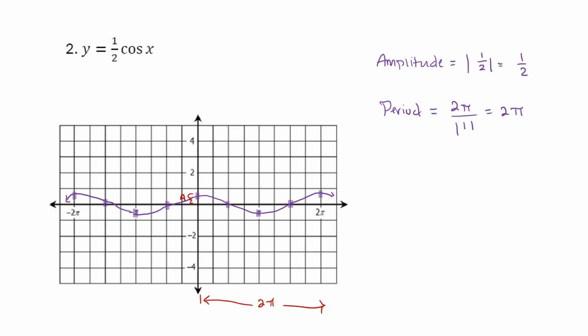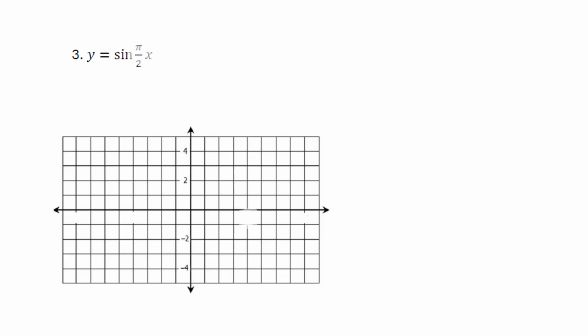All right. Okay, next we have y equals sine pi over 2x. So our amplitude here is going to be 1. The period is going to be 2 pi divided by the absolute value of b, which is pi over 2.